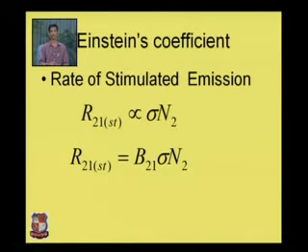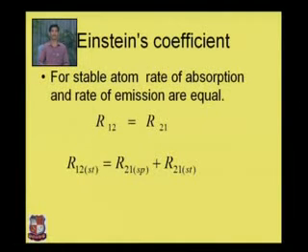So if your atom is in the balance condition, the rate of absorption and the rate of emission are the same. That is, R12 and R21 are equal. That is, R12 stimulated is equal to R21 spontaneous plus R21 stimulated. So the rate of absorption is equal to the rate of spontaneous emission plus the rate of stimulated emission.